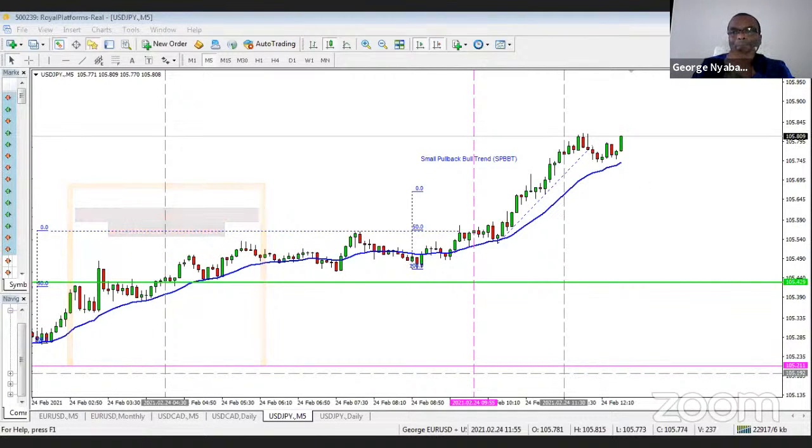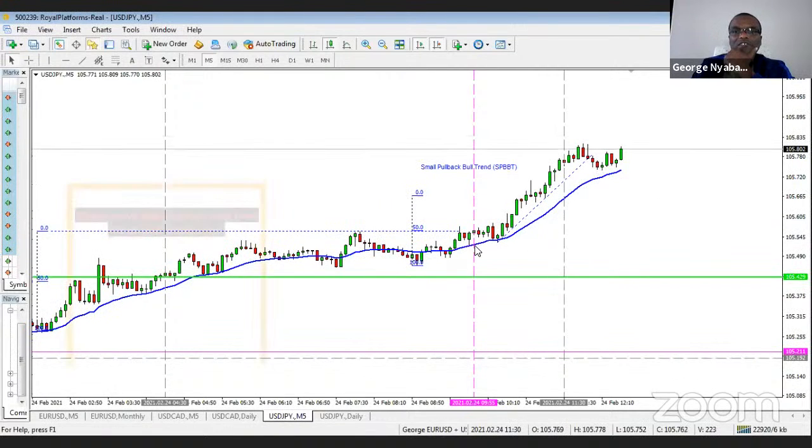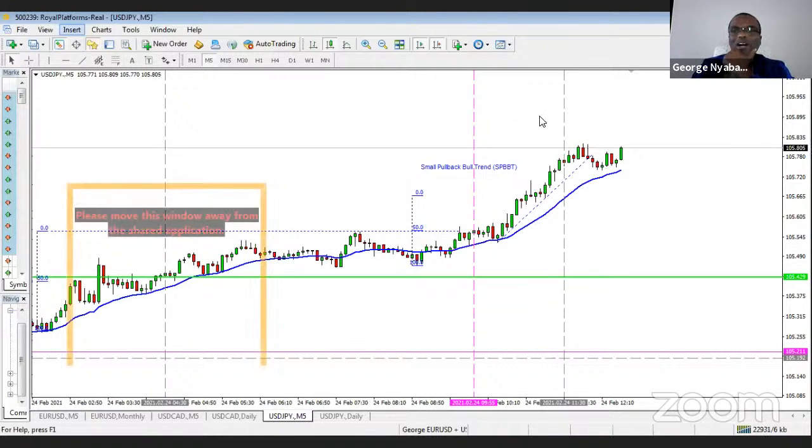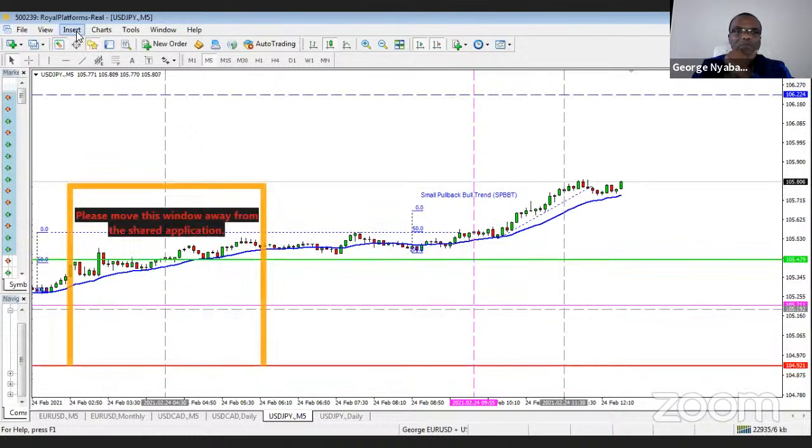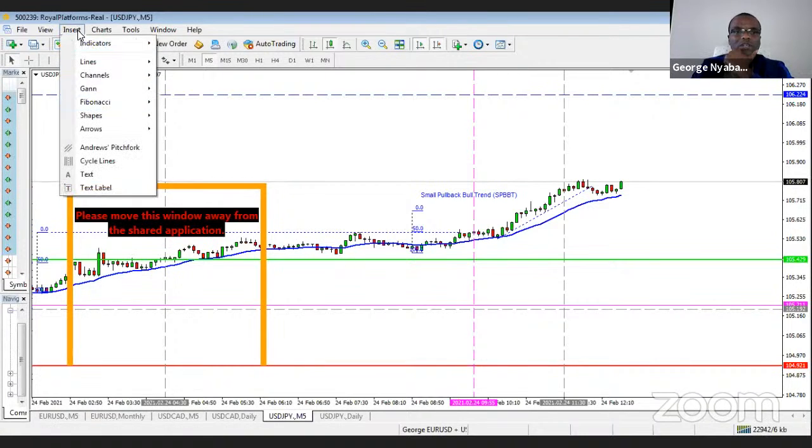So this first leg here, that is leg one. So the way I would mark my leg one and where potentially the market could go: I go to Fibonacci, I have a tool called an expansion tool.